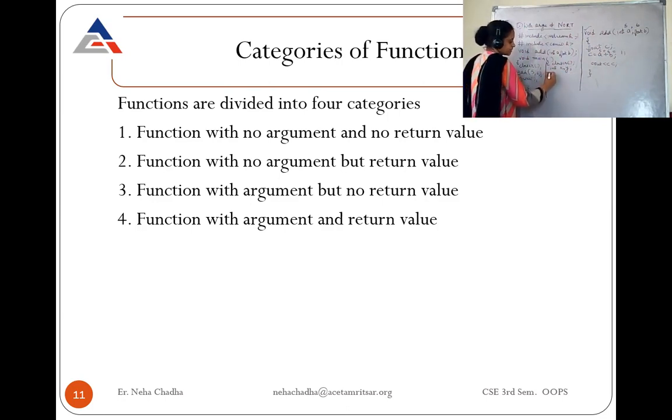Then you will call the function add. Sorry. Then you will read in the values of x and y. Then you will call the function add and pass the values of x and y here. Then getch, over. How is this function working? Your main will be entered here.